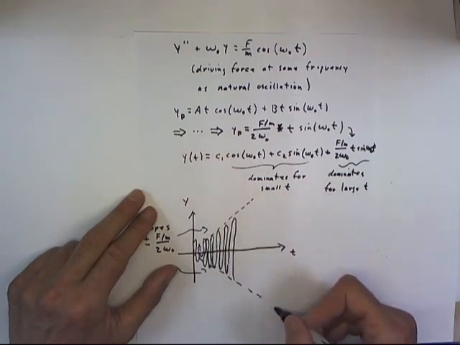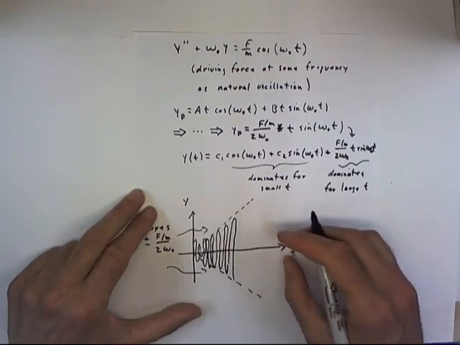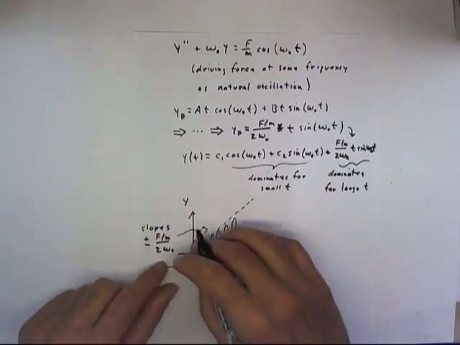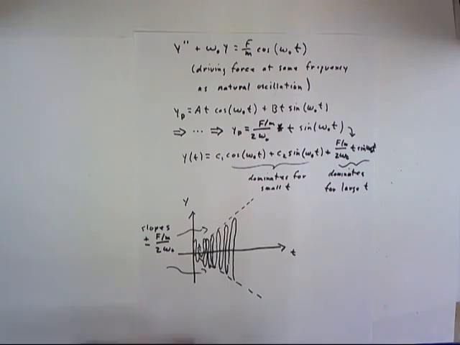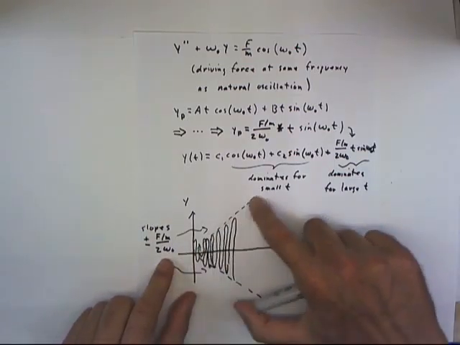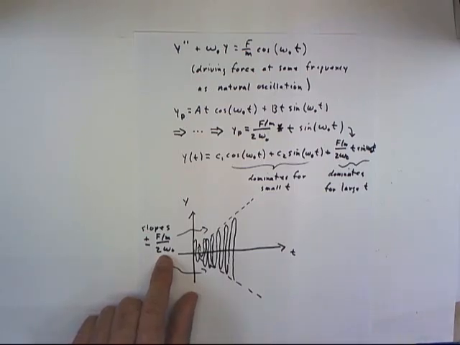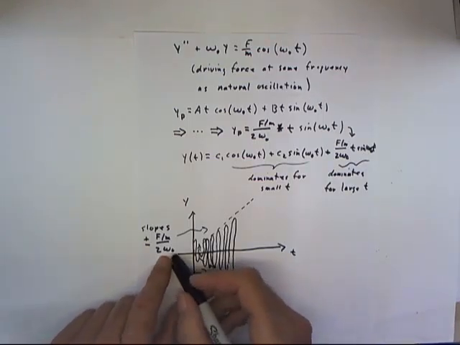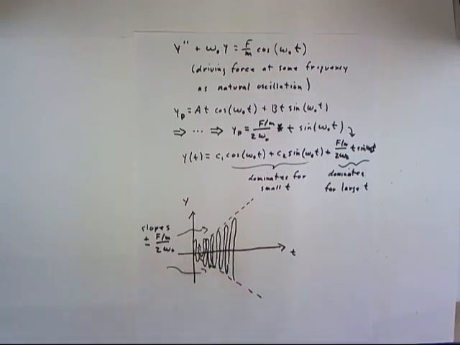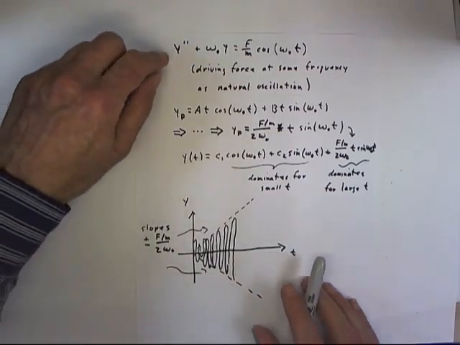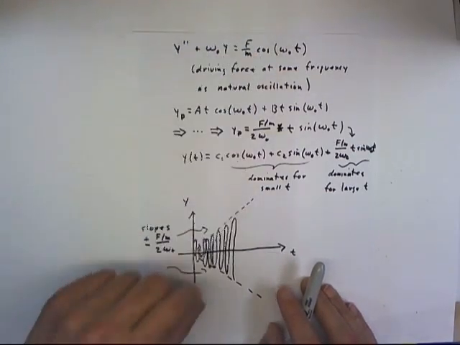That's very similar to what we saw in the last clip, the whole phenomenon of resonance. And I'll mention here that the slopes of this linear tangent line envelope are plus or minus F over M divided by 2 omega naught. And those slopes are pretty much the same no matter what the value of omega 1, as long as it's very close to that of omega naught. So we can put a very clear meaning on the solution of this differential equation.